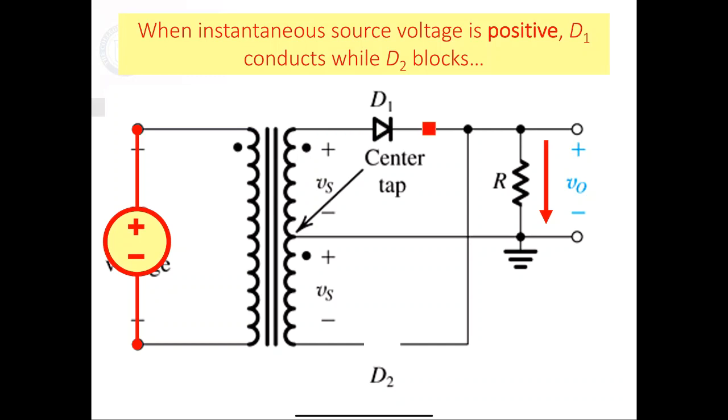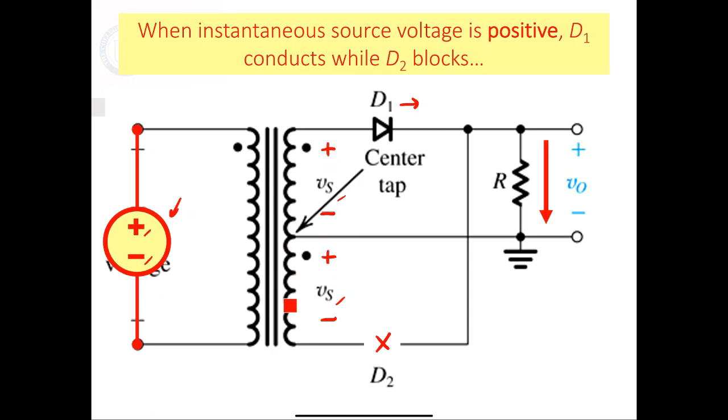Okay. When the voltage here is positive, showing the positive and negative polarities as shown, both of these Vs will have the polarity positive, negative, positive, negative. Now, when that's the case, this diode here will naturally block because it will be reverse biased, and this one here will conduct.